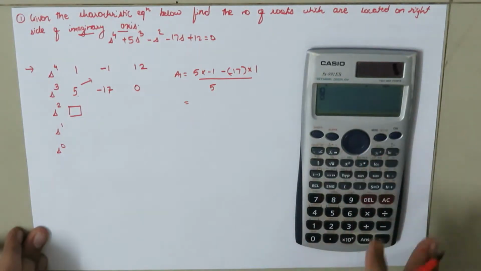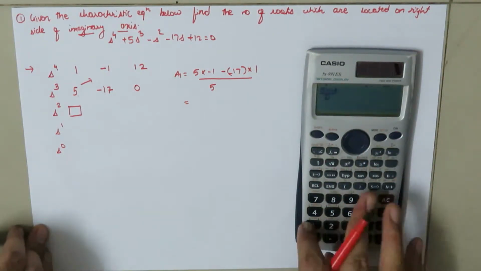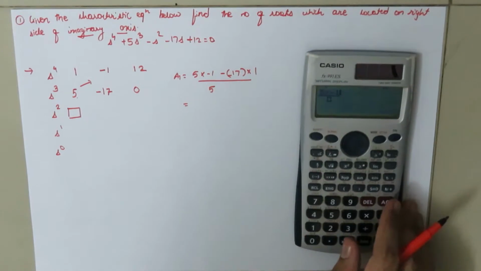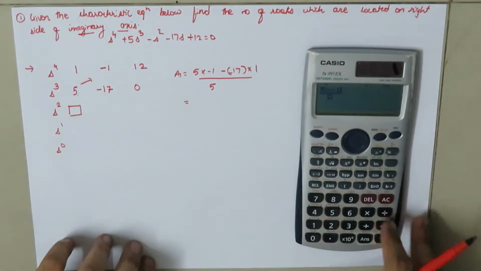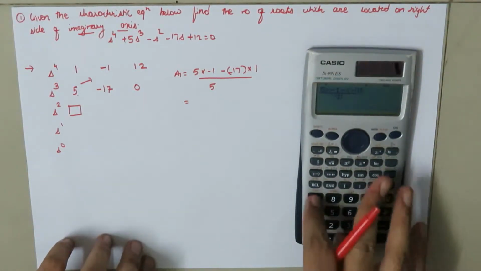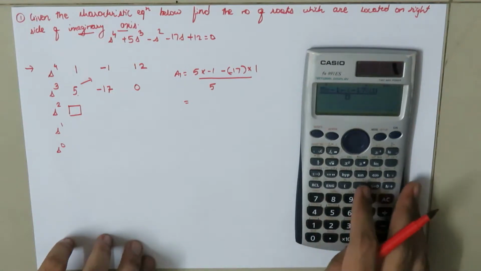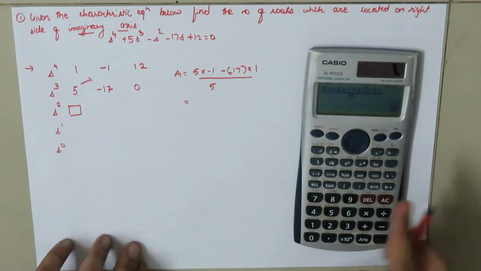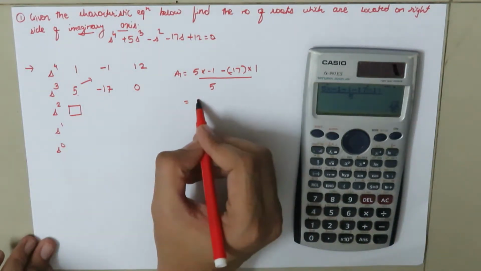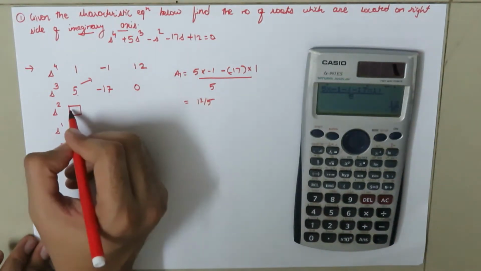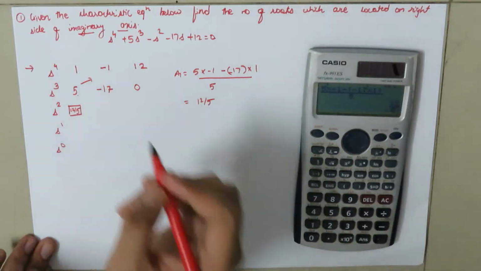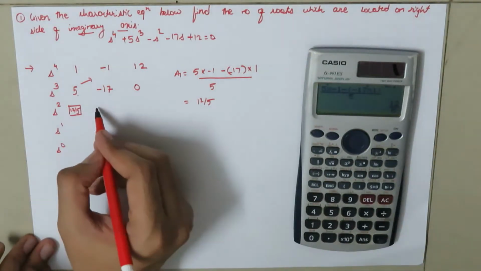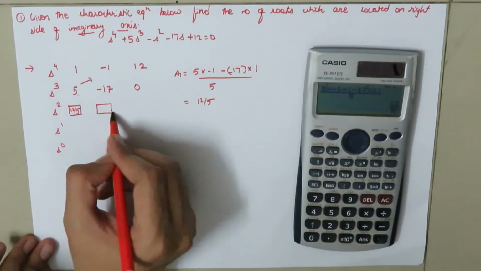So this will be 5 into -1 minus -17 into 1 over 5, and here we'll get 12 by 5. And now we need to find this element.